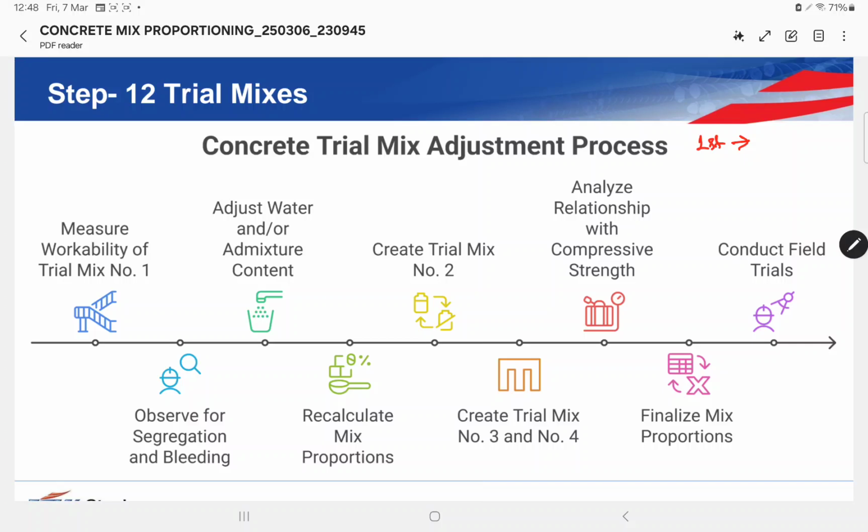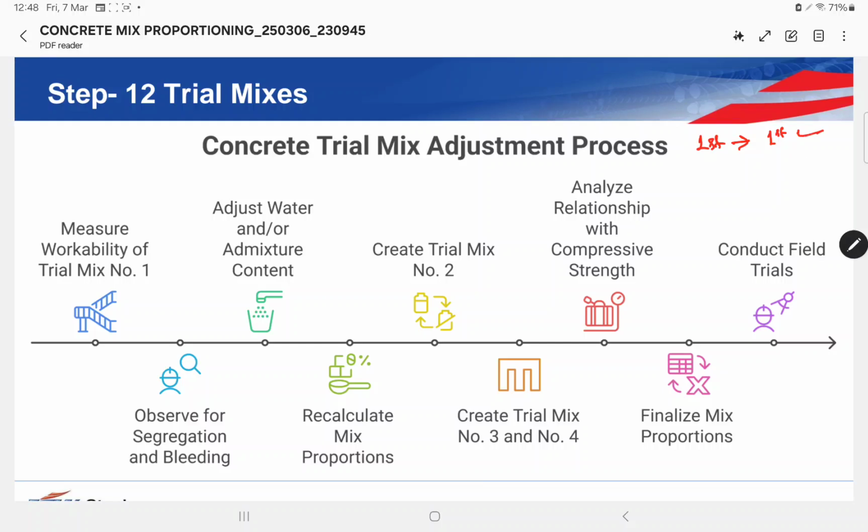in your first trial, if it is giving you enough performance, suppose it is giving you the retention time that you need, the slump requirement, it is not segregating, it is not bleeding, then it's okay.